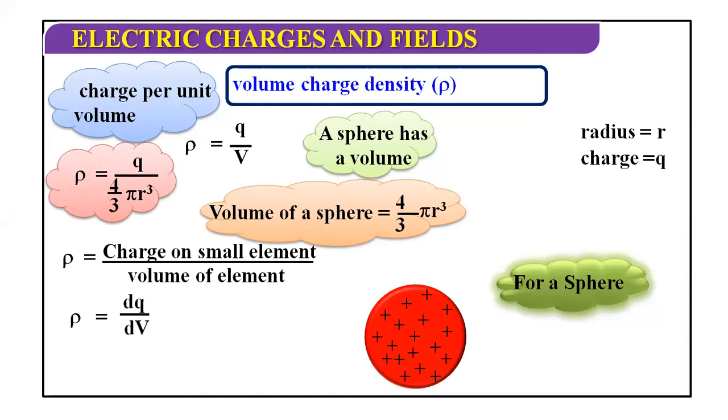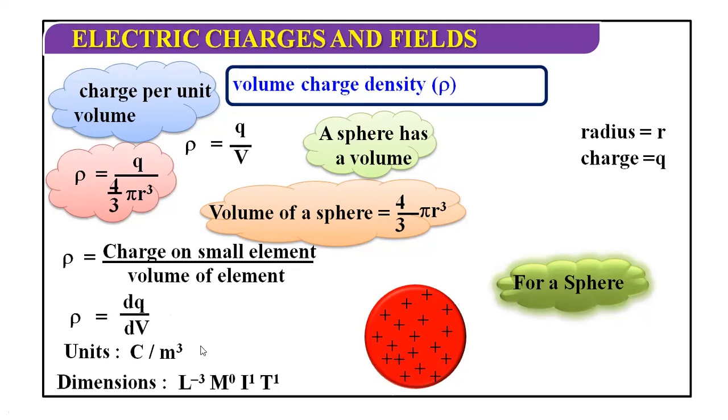It is dV, because this total volume V is made up of infinitely small volume elements, each having the volume dV, and over each dV charge is dQ. So in terms of small element, we will write rho is equal to dQ upon dV, and its units are coulomb per meter cube.